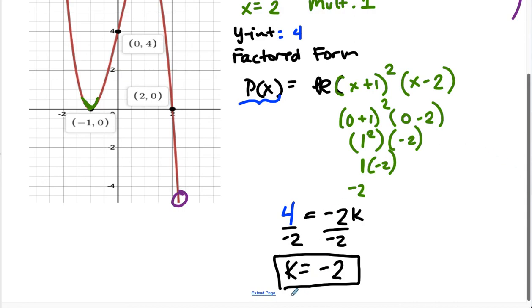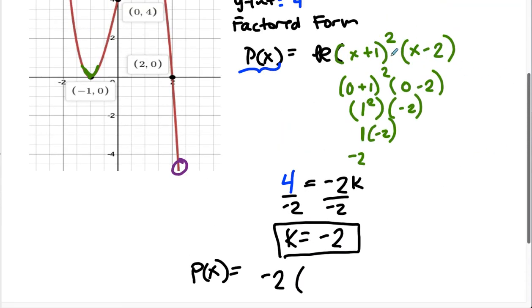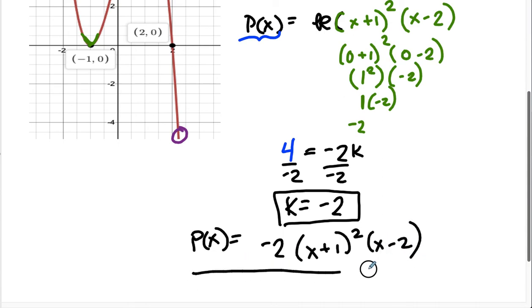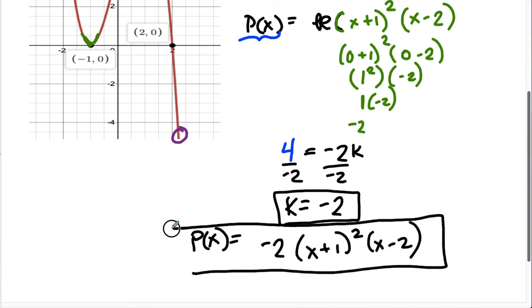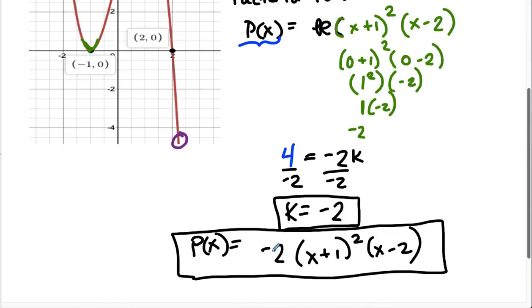Okay, so the factored form is p of x is equal to -2, which represented your k, times the factors x plus 1 all squared, and then times x minus 2. So this is the polynomial that represents this graph that has a negative leading coefficient.